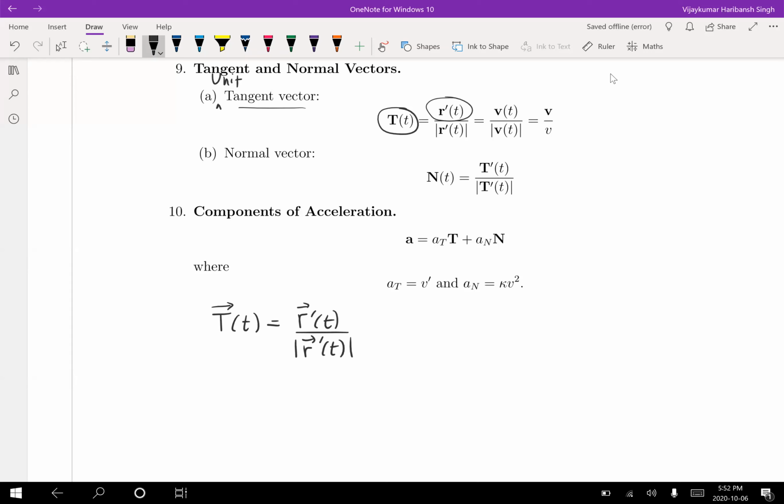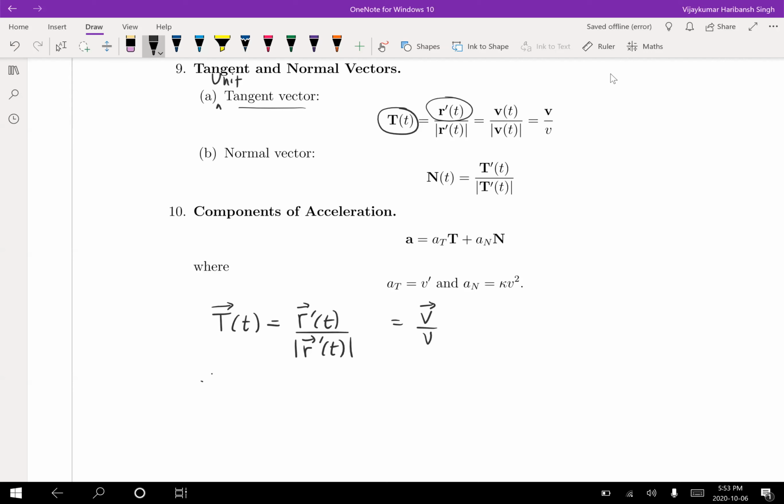But r prime of t is the velocity, so this is the same as vector v divided by the length of vector v, which we are writing as just v, which is the speed, right?